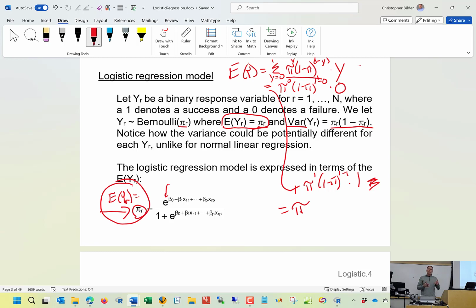Also notice the numerator, that value is essentially also in the denominator as well. So the numerator is always going to be less than what's in the denominator, and so this can never be greater than 1. And since the exponential function is always positive, it always has to be greater than 0. And so that's why we use this little mathematical transformation.